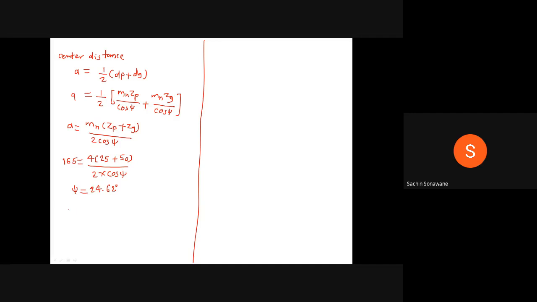Now we will calculate the transverse module. Therefore, write down transverse module m is equal to Mn. What is the value of Mn? 4 divided by cos of 24.62.